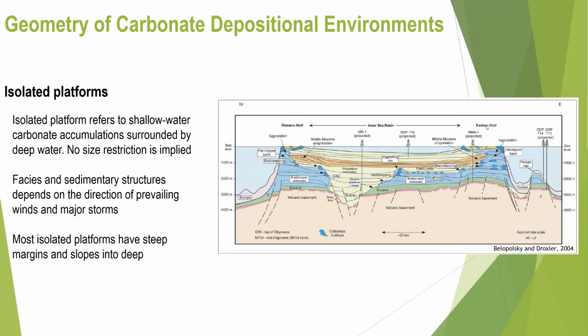For example, if this part is windward, in this part we can see the reef, and in this part we can see mostly the ooid grainstone, but in the deeper part we can see the slumps, the slide, and also in this area we can see the sediment like the lagoonal system.